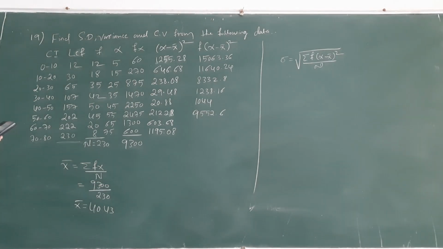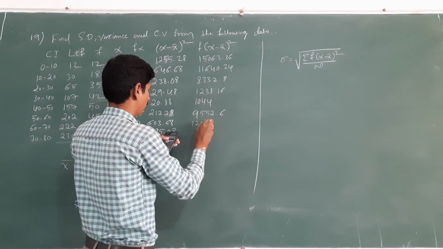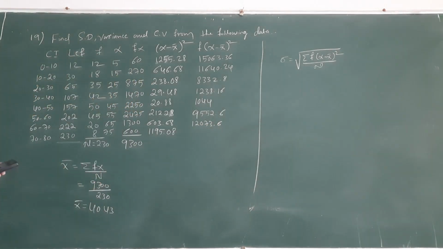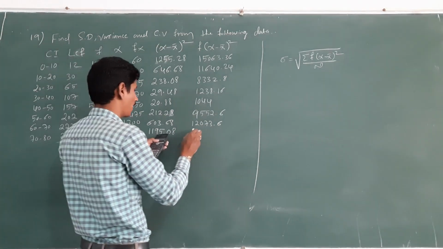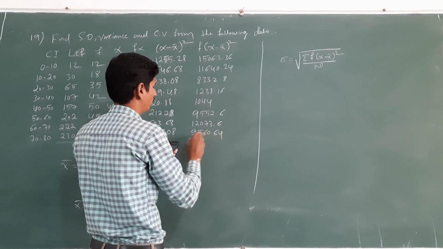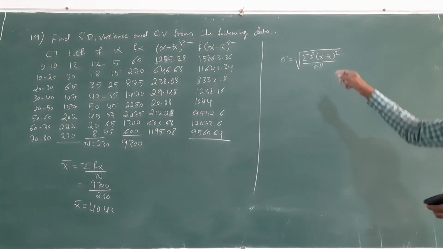The next 20 into 603.68 is 12073.6. The last frequency is 8 into 1195.08 is 9560.64. Then we want the sum of f into x minus x bar whole square.